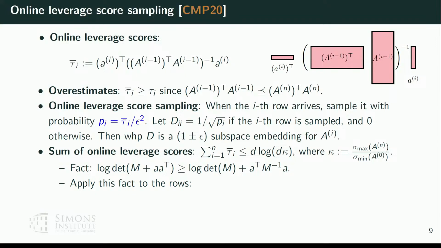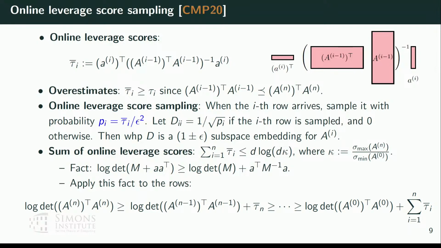So if we apply this to the rows, if we take A to be the row and take M inverse to be this inverse matrix, then this value is exactly the online leverage scores. And then what they prove is to use this log det function as a potential function, and then you just compute the difference from the nth iteration up to the 0th iteration, and we'll get the summation of all the online leverage scores.